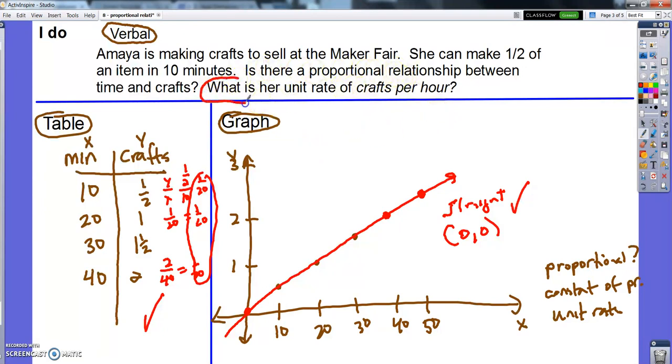And the last question is, what is her unit rate of crafts per hour? Notice it asks for crafts per hour, and I have been dealing over here with minutes. So if I want to find her rate of crafts per hour, I would have to go out to 60 minutes, which would give me 3 crafts if my graph was drawn really well.